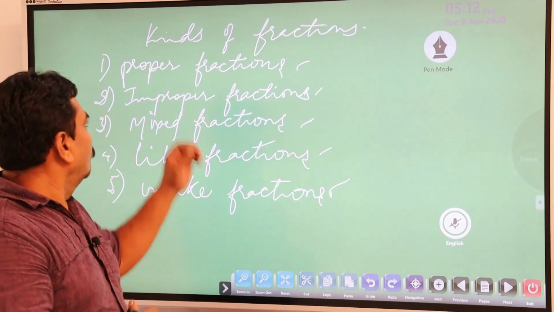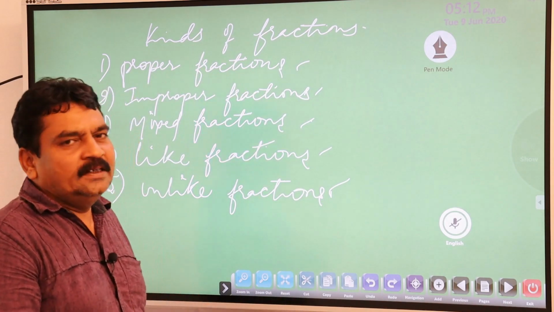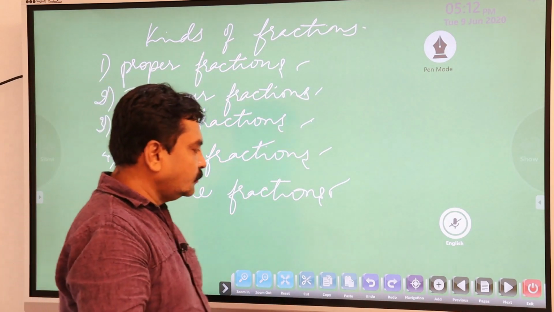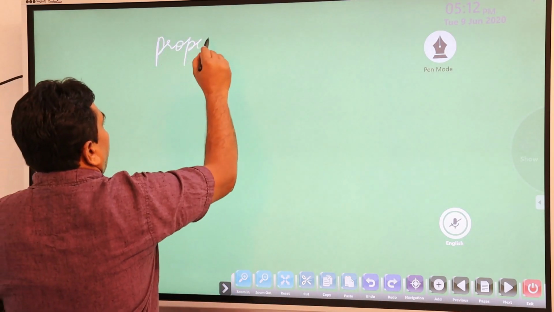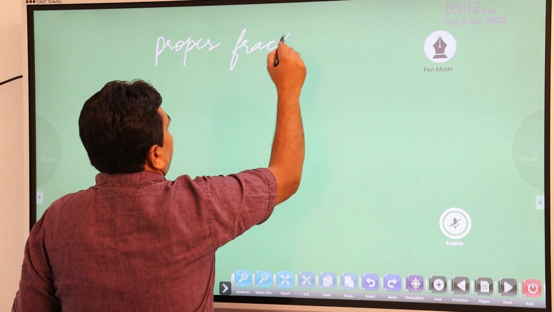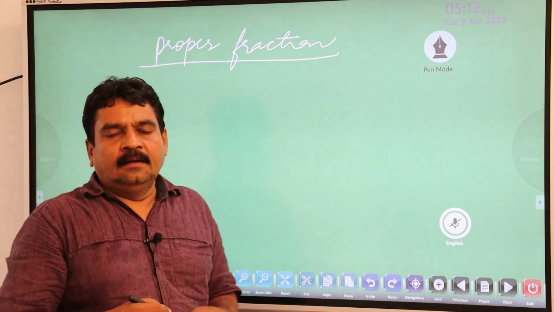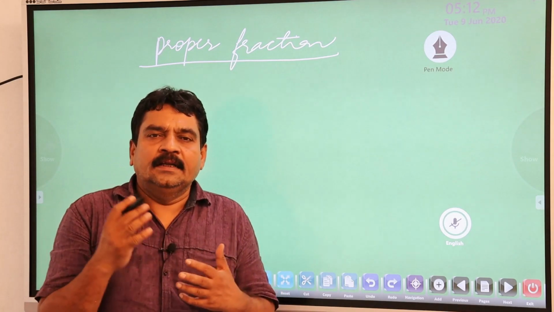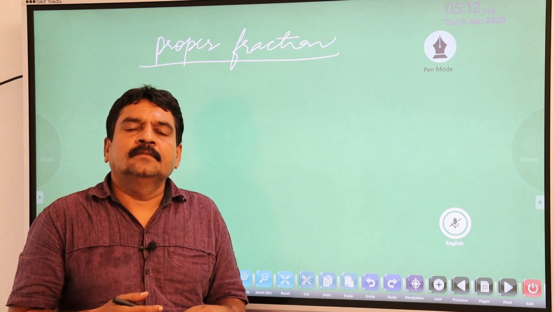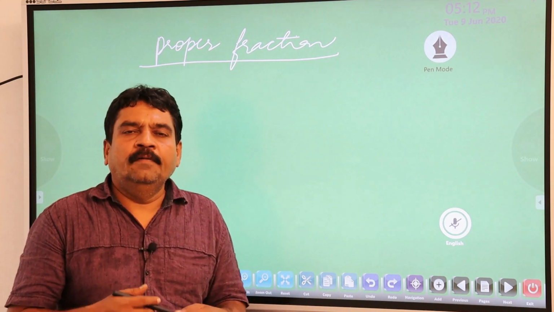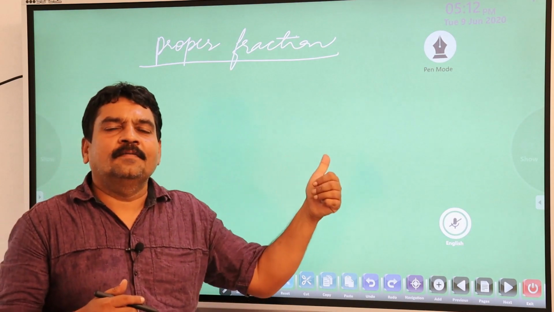Now I'll explain what you call a proper fraction. What is a proper fraction? When the numerator is less than the denominator, or when the fraction is less than 1, you call it a proper fraction.